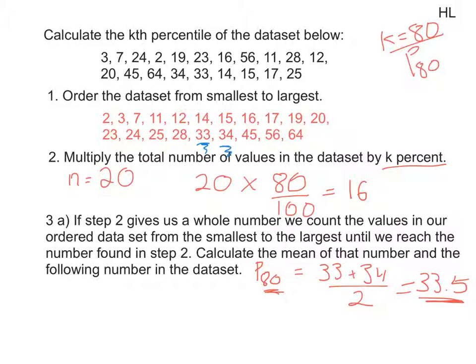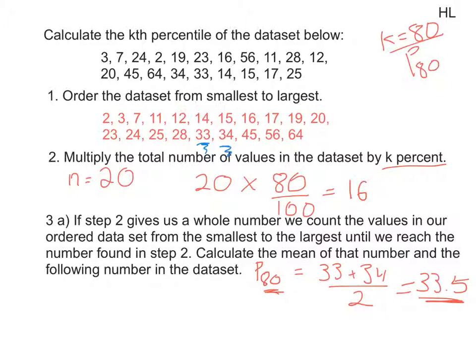If step 2 had not given us a whole number, we would have to take a different step 3. In this case, we would round up the number calculated in step 2 to the nearest whole number. For example, if we had gotten 15.6 in step 2 instead of 16, we would have rounded 15.6 up to 16.